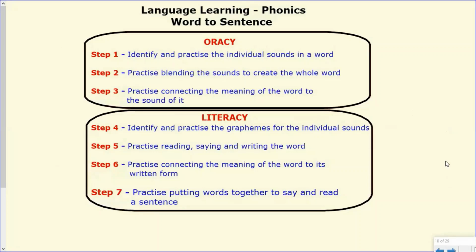Then get them to blend the sounds to create the word, just as I did with bonjour and au revoir, and then practice the meaning of the word. So when they connect it to the sound, when they hear the sound of the word, do they know what it means? Then introduce the letters that go with those sounds in these particular words that they're learning. Practice reading and spelling them and writing them, and then eventually putting them into a sentence.